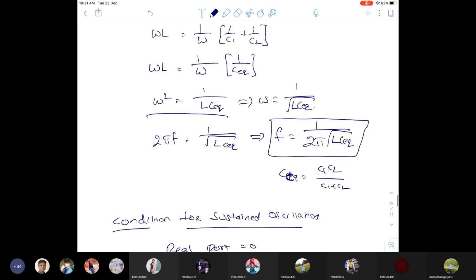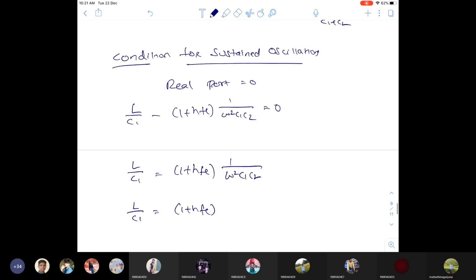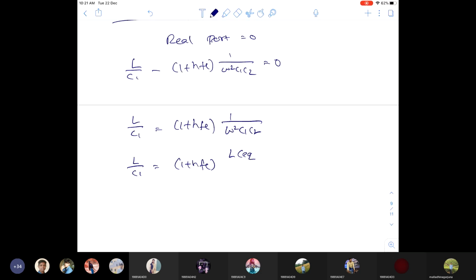So I can write L into C equivalent by C1 C2. L will cancel, and C1 C1 cancel. So what will we get? C2 equals 1 plus HFE into C equivalent, where C equivalent is C1 C2 by C1 plus C2.